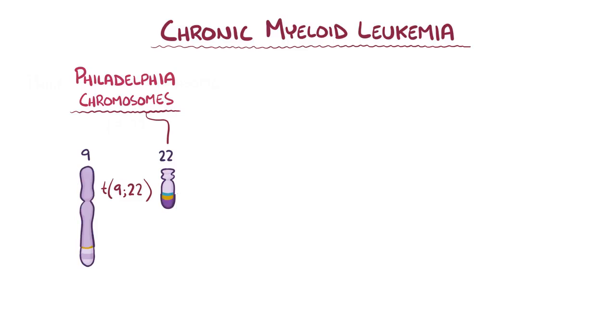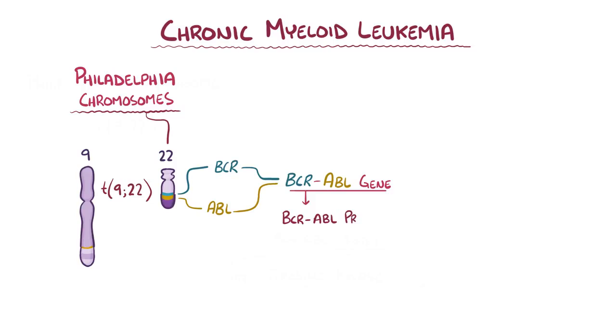So in the Philadelphia chromosome, a chromosome 22 gene, which is the BCR gene, ends up sitting right next to a chromosome 9 gene, the ABL gene. When they're combined, it forms a fusion gene called BCR-ABL, which codes for a protein also called BCR-ABL. And that protein activates enzymes called tyrosine kinases.